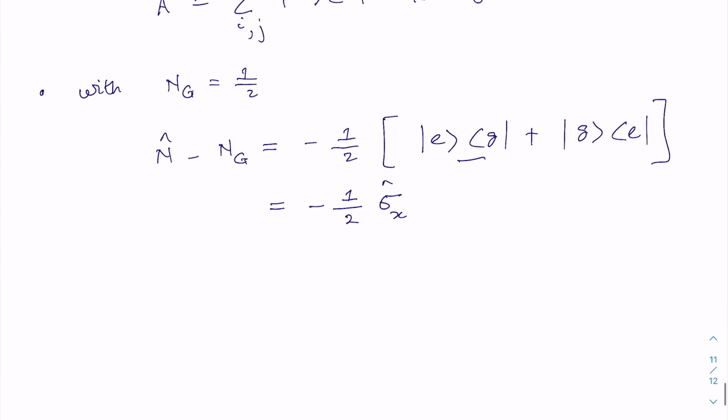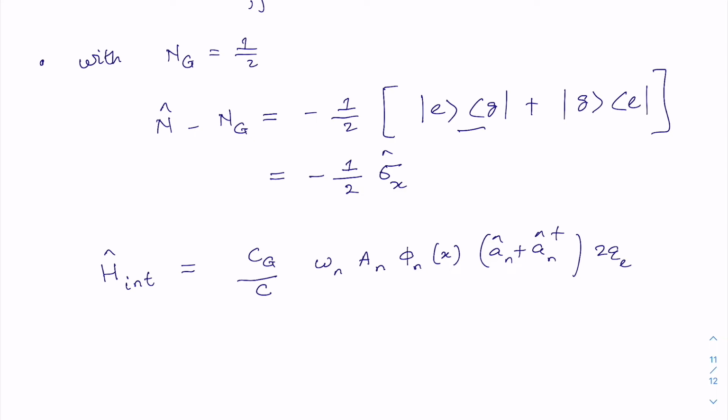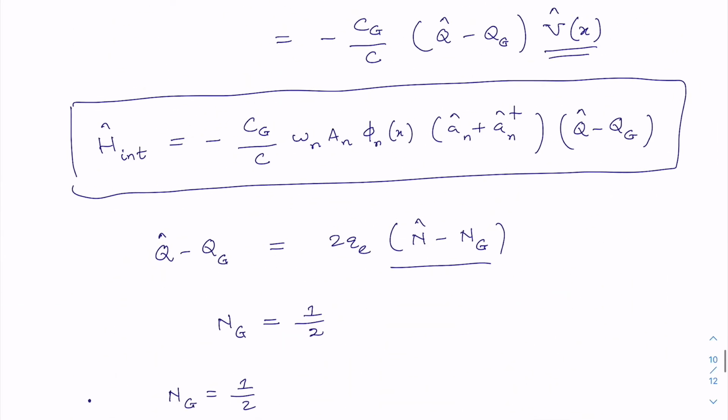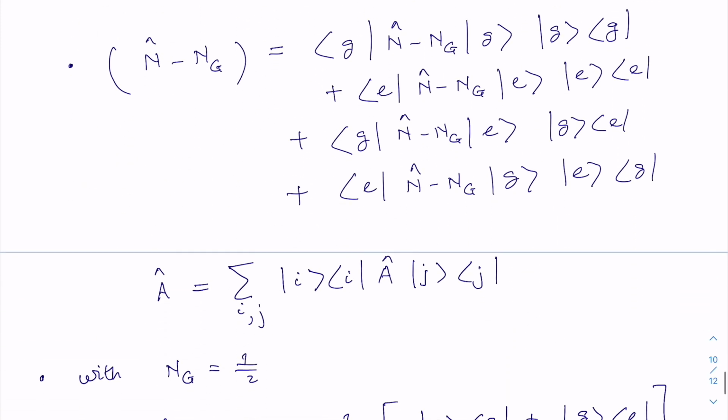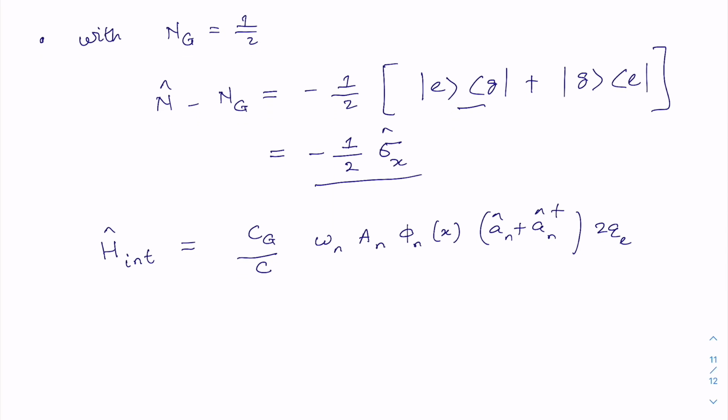Using this form, we can now write the interaction part of the Hamiltonian simply by this. It would be cz by c, omega n, a n, phi n of x, a n plus a n dagger, twice qe. Then in place of this one, I have this minus getting cancelled out, because I had minus here, so therefore I will have a half sigma x.